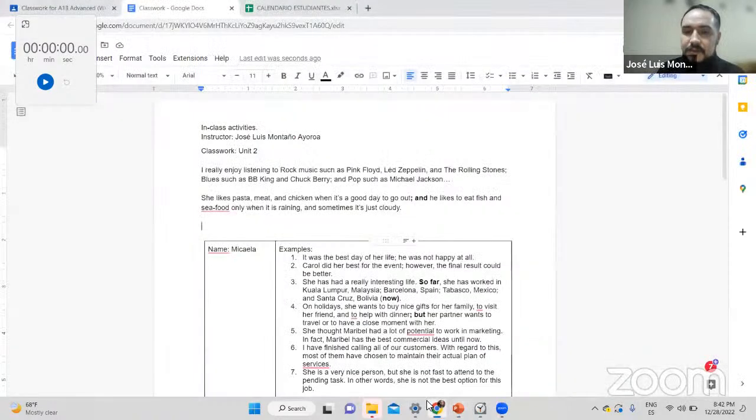So again, very simple. You can say, Bolivia believes, we're talking of a country, that the best idea is to invest all the money. What could it be?